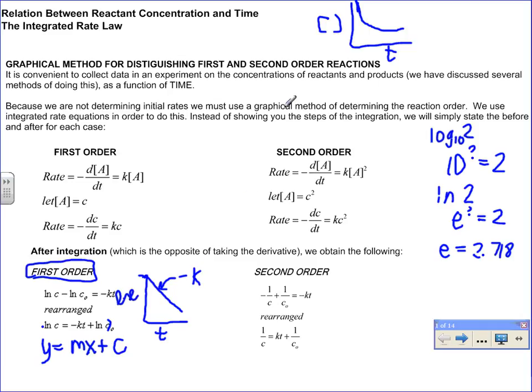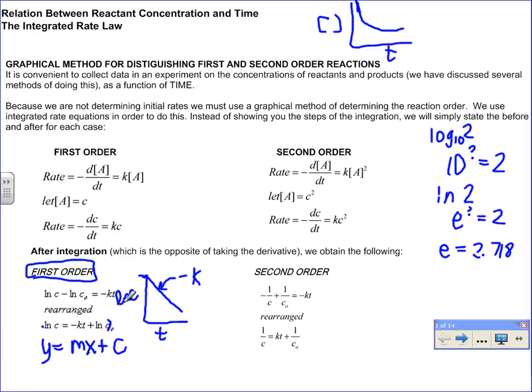We want to take the data that we collect from the lab, so we're going to collect data of concentration versus time, and we want to know if this is a first order, second order, or zero order function. So what we want to do is take this data from the experiment and put it into this graph.